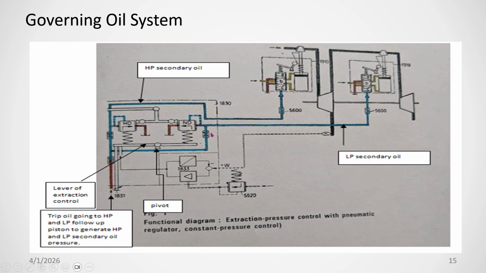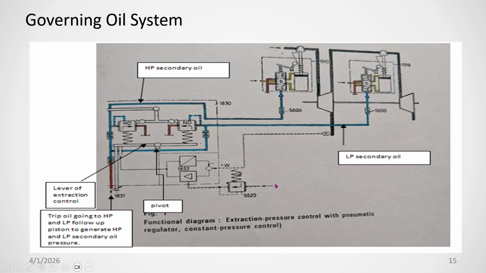If this is moved down, this is more up, so this valve will open, this valve will close, and you will get more extraction, with more steam coming to the turbine. If you want less extraction, you move it downwards, so this will go up, this will close, and this will open this valve. So steam entry to the main turbine will close, steam going downstream is open, it is going to the condenser, so you will get less extraction.